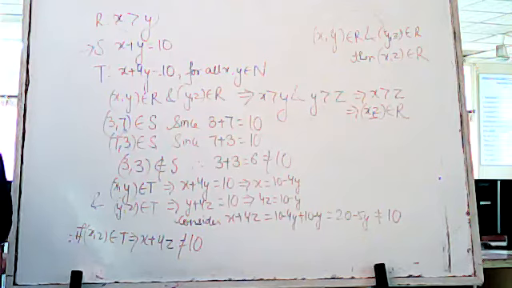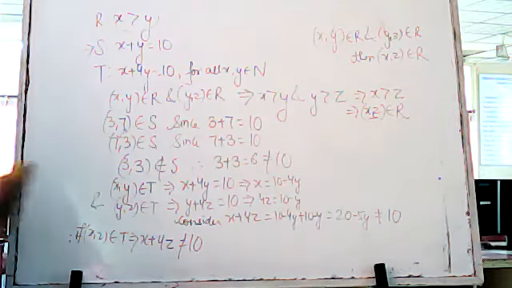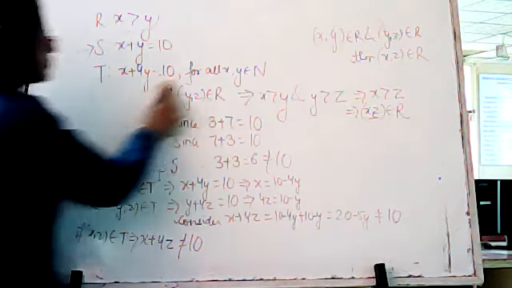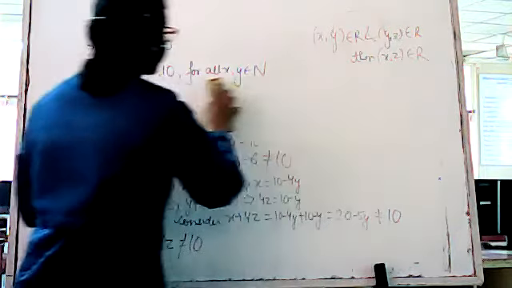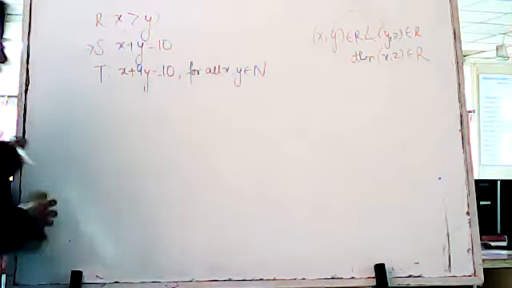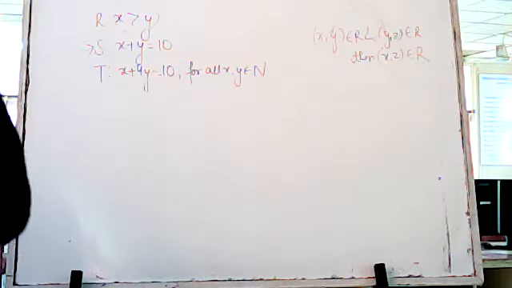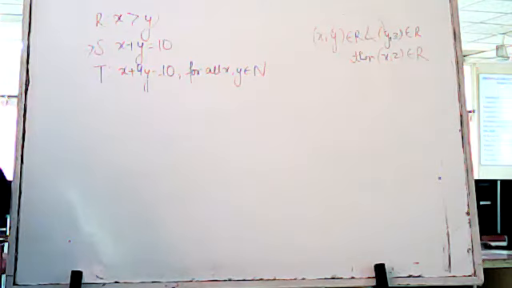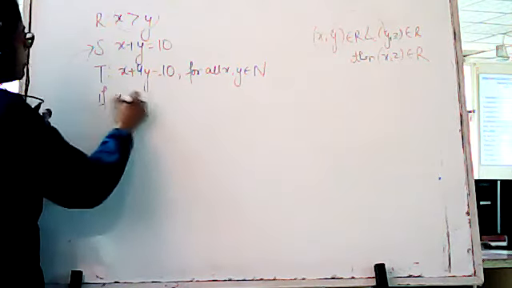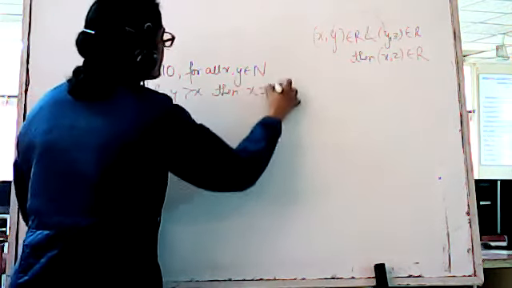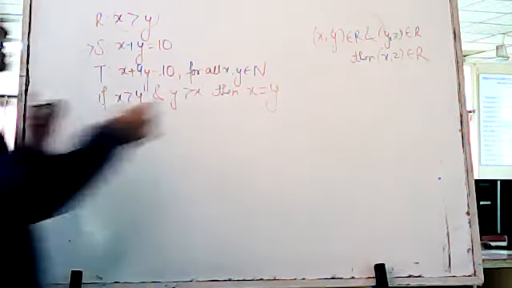The last case is antisymmetric. According to the definition of antisymmetric relation: if x is greater than y and y is greater than x, then x must be equal to y. What does the definition of antisymmetric say?